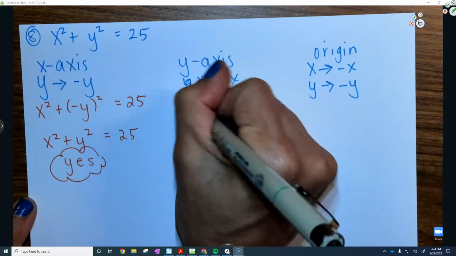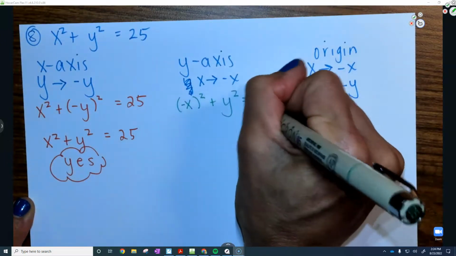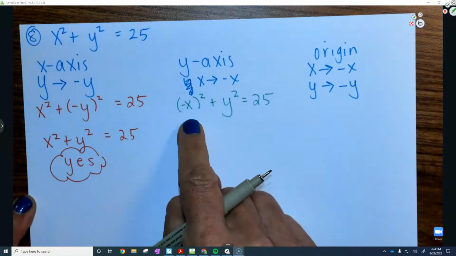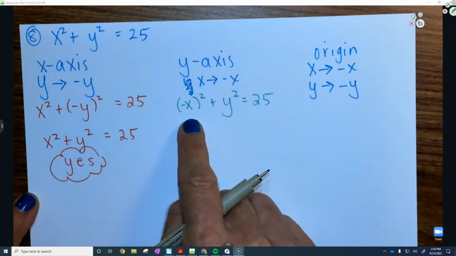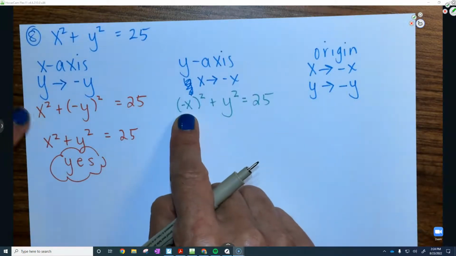When I plug in a negative x squared, am I going to get the same exact thing? What's negative times a negative? Remember, a negative x times a negative x is the same thing as a positive x times a positive x.